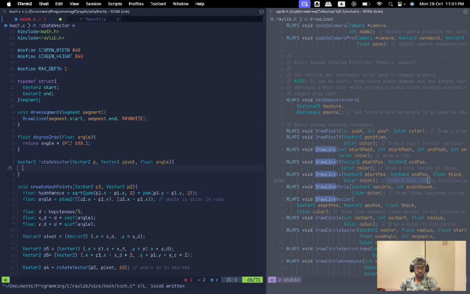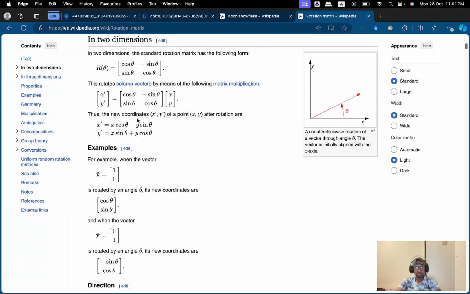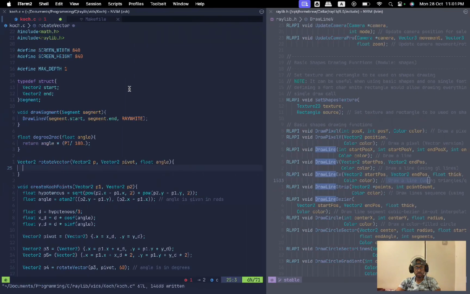Using this rotation formula, we need to rotate the vector. So our new x position, float x, will be our pivot.x times cos of the angle, but in radians, so let's call it degree to radians angle.